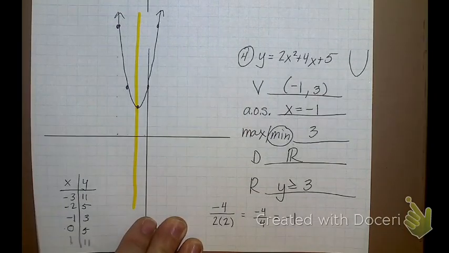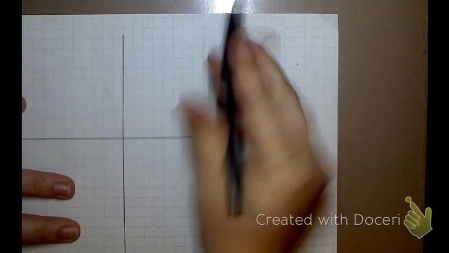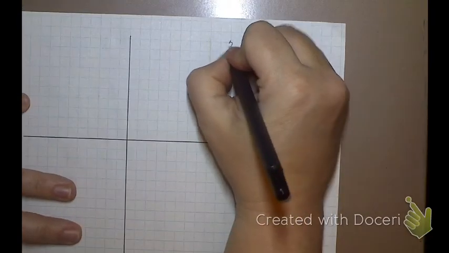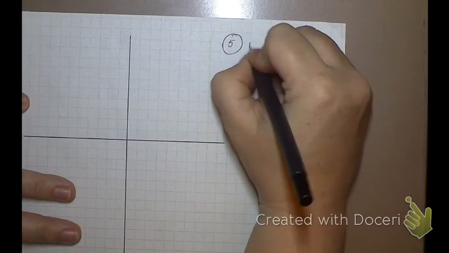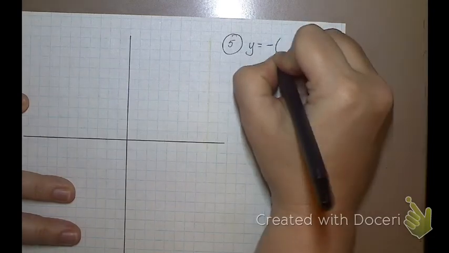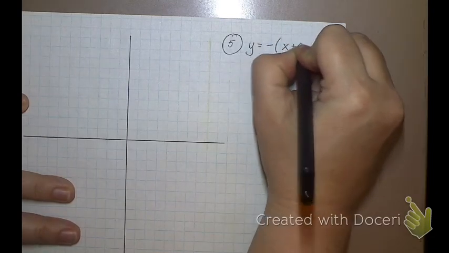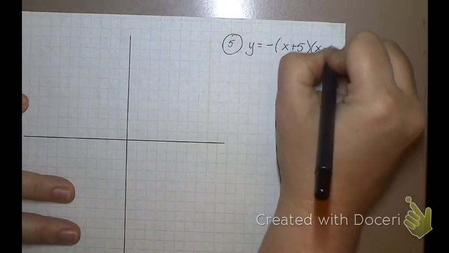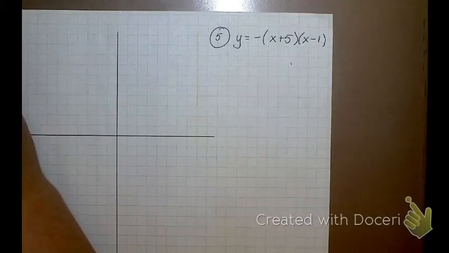All right. Last one. Number 5 says y equals negative parentheses x plus 5 and x minus 1. What form is that? Intercept form.